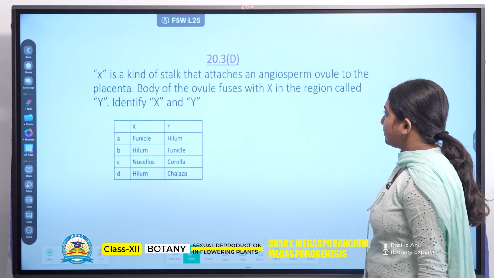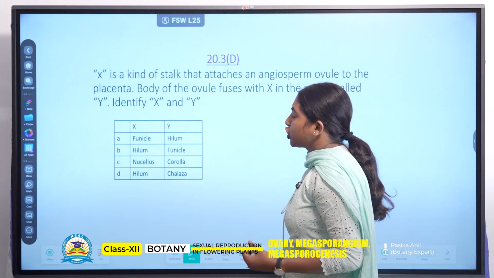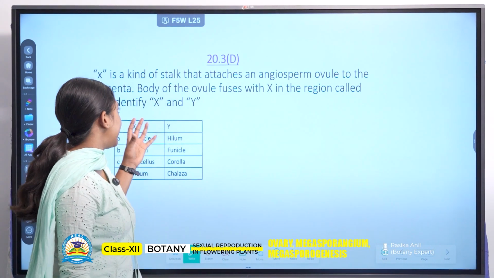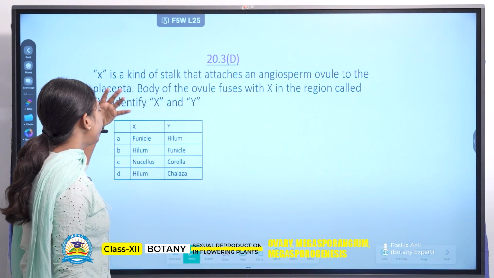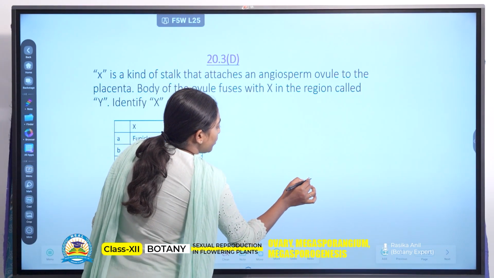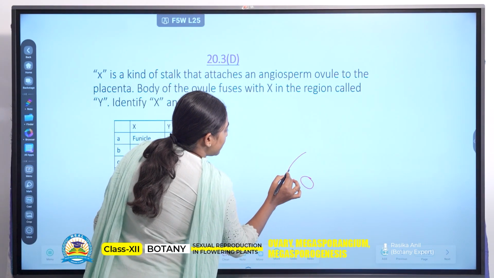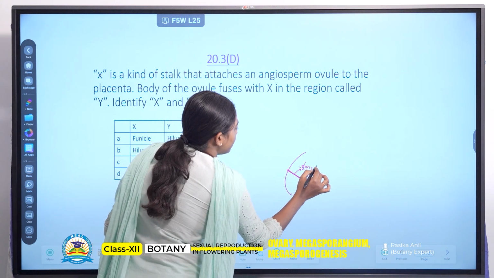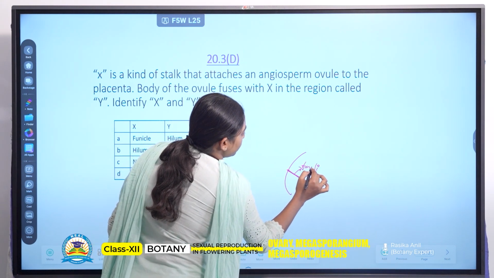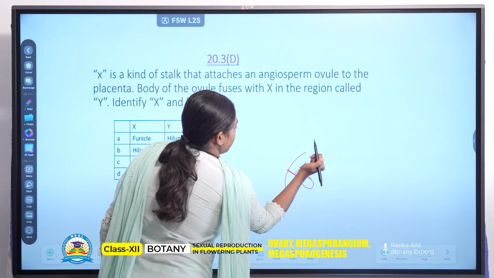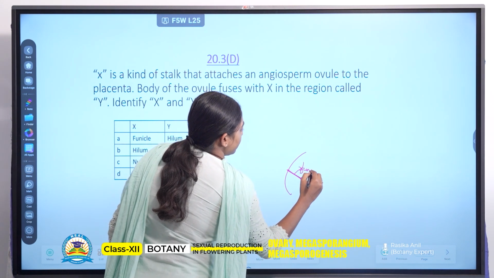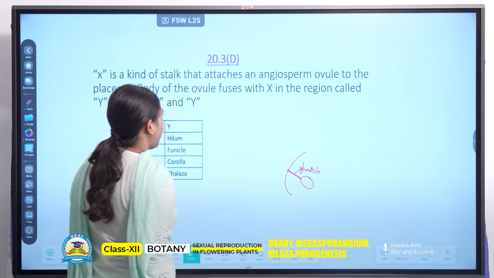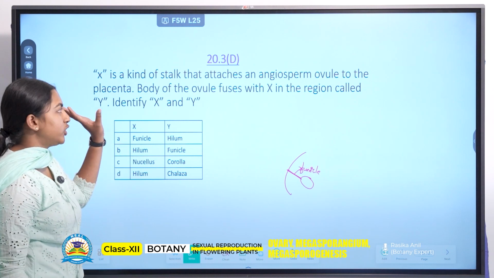Then, X is a kind of stalk. It's a stalk that attaches an angiosperm ovule to the placenta. So of course you have the ovule, you have the placenta. The one which attaches the ovule to the placenta is the funicle. So X is funicle. We already know that.